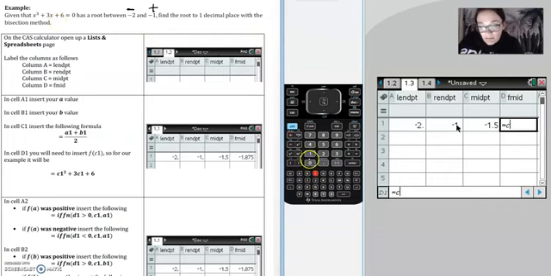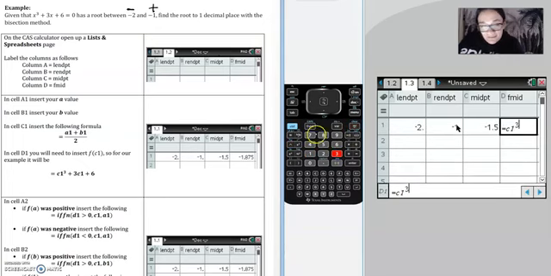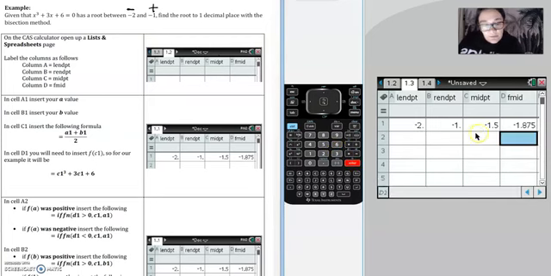So C1 cubed, there you go, plus 3 C1 plus 6. Okay, so what it's done is it's substituted C1 into that expression.